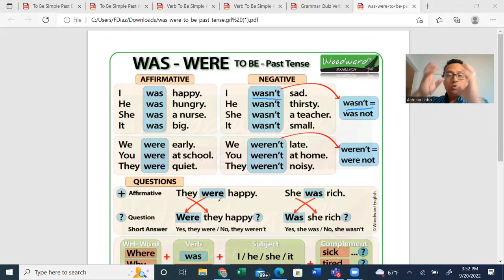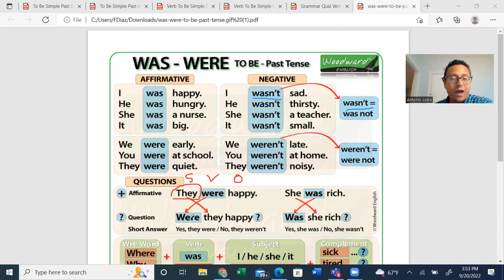What you do, you change the structure of the sentence when you ask questions. So in affirmative sentence, right? In affirmative sentence, you have the person here, okay? It's a subject. You have the verb, and you have an object, a complement, okay?